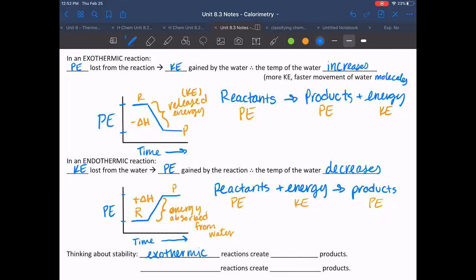If you have more potential locked and loaded in your bonds, do you think you're stable or unstable? Unstable. You have more potential to react with something else. So that means exothermic products that have lower energy at the end are going to be stable. Then endothermic will be unstable.